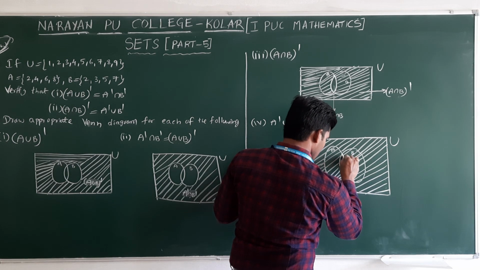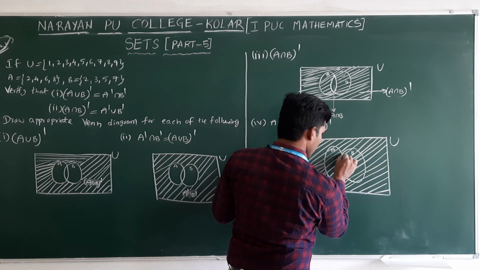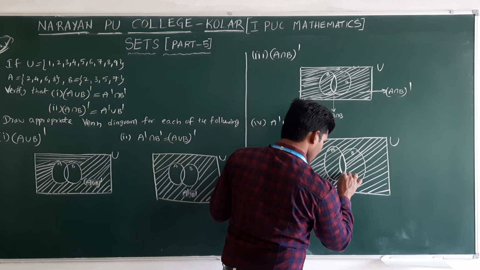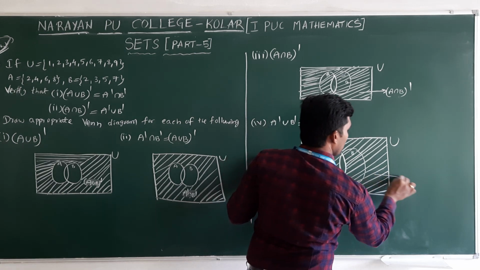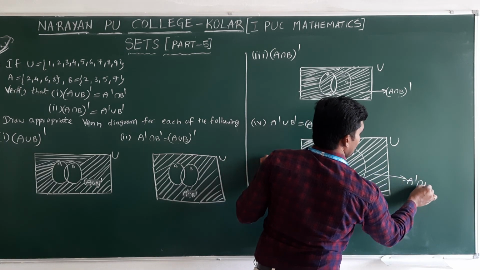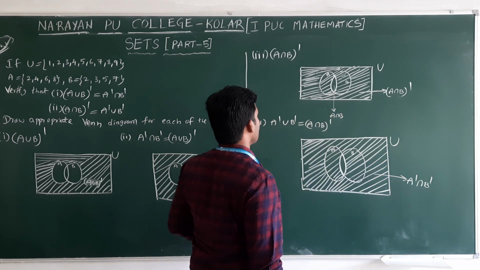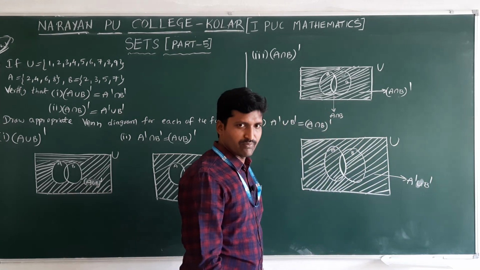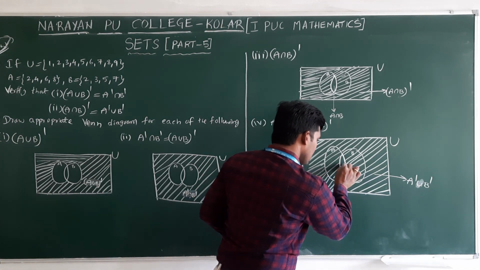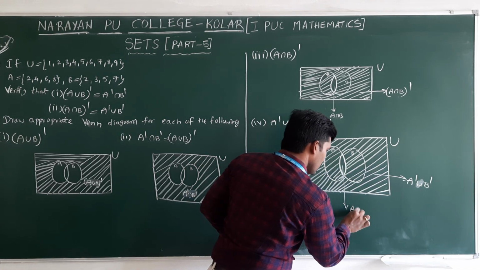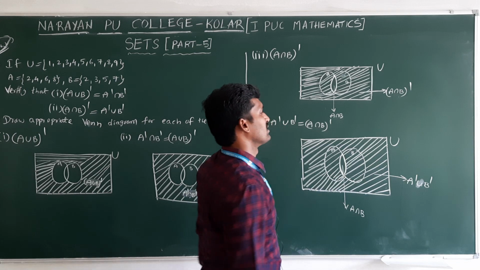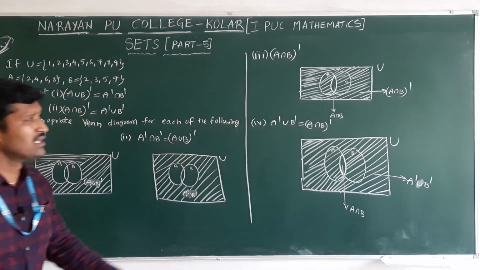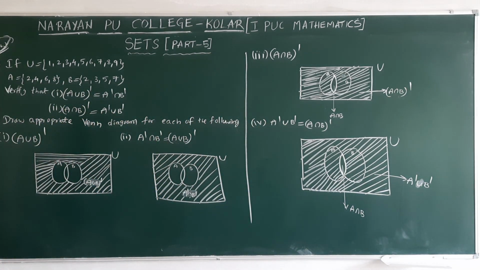This part is not shaded. So this part we call A dash union B dash. Clear? It's very easy to draw the Venn diagrams of these given terms.